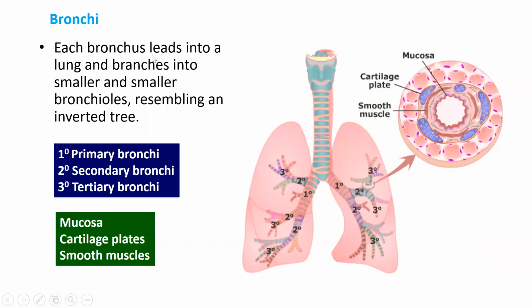Each bronchus leads into the lungs and branches into smaller and smaller bronchioles, resembling an inverted tree, as you can see in the diagram. Okay. In this transverse section, we see a mucosa, a cartilage plate and smooth muscles. That is found in the bronchus. Please note it.